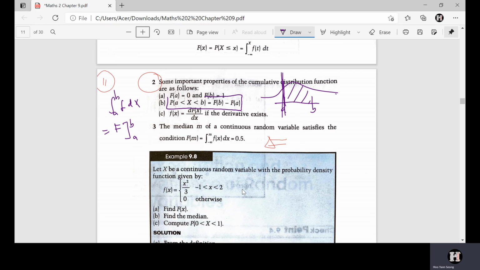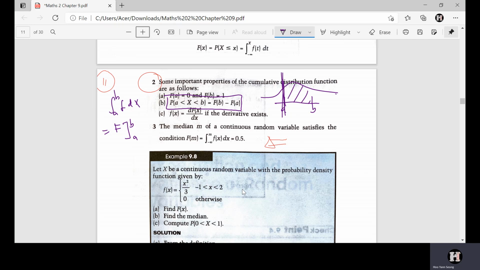Please remember this, especially when they provide you the cumulative distribution, because not every time can you integrate, and sometimes you don't want to integrate. To get from the cumulative back to the normal one, you use differentiation.